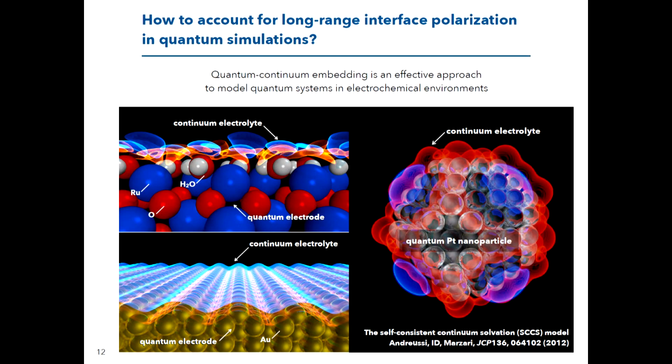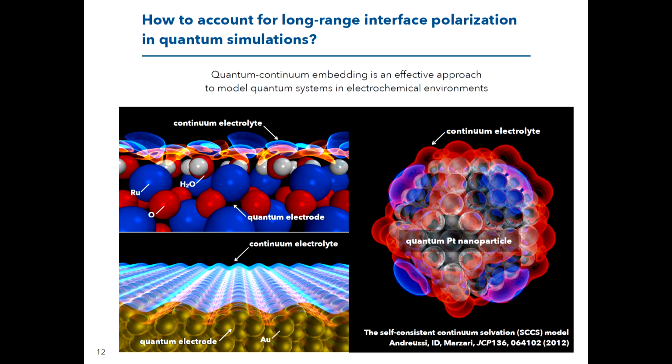And for this, we can resort to the so-called quantum continuum embedding method, in which you substitute the complexity of the dynamics of the solvent, where you have to solve Newton's equations, propagate them in time, and calculate at each time step the forces that act on the nuclei, by the simplicity of a representation of the solvent that can be described by a continuum dielectric.